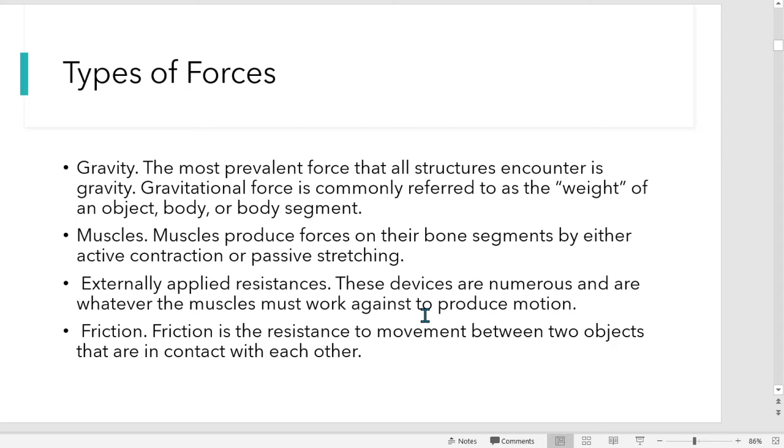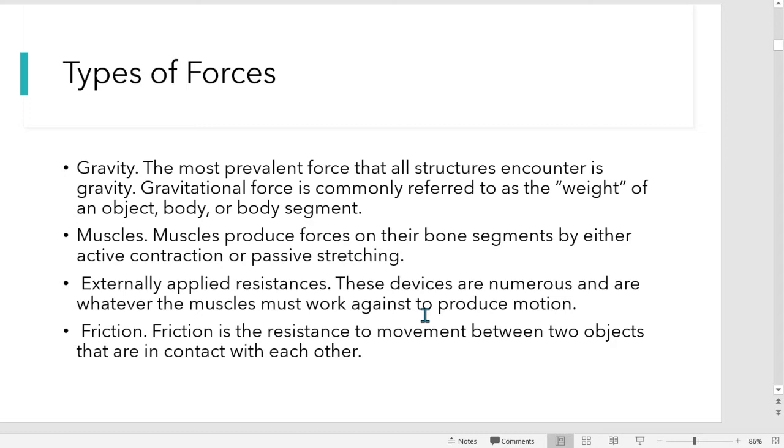So the contraction of the muscles could be concentric or shortening, or it could be eccentric or lengthening, whether the other side is being passively stretched and the other side is actively contracting. So let's take for example, when your biceps muscles contract, okay, it shortens, while the other side, the triceps, is being passively stretched.